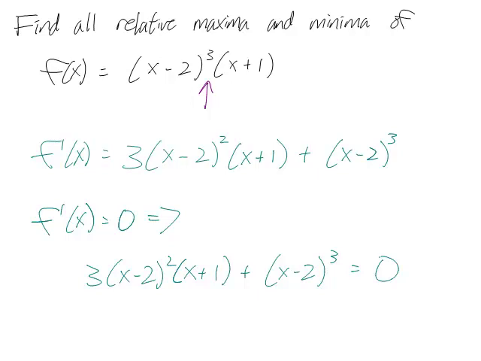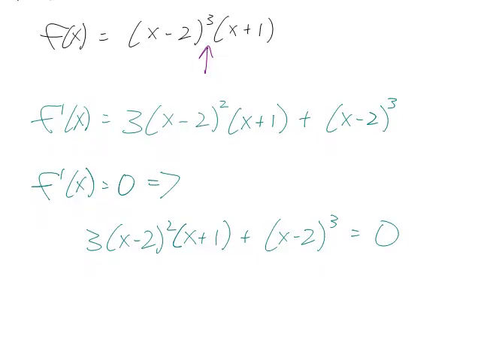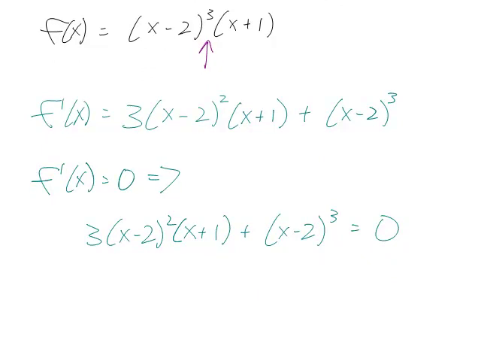In order to solve this equation, the worst thing you can do is multiply everything out. When you use the product rule or the quotient rule, it's important to note that you already have these products, so things are essentially factored for you. You want to use the momentum the product rule gave you and continue to factor further. Here, the common factor is not just x − 2, but really (x − 2)².